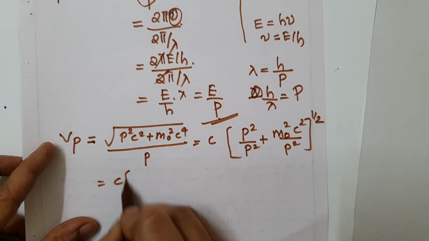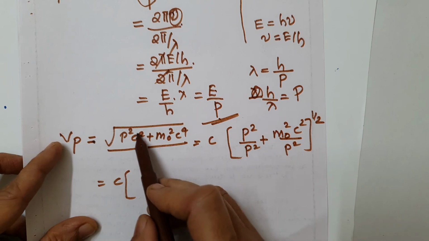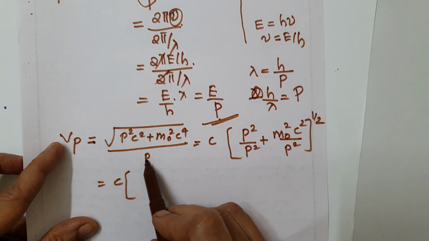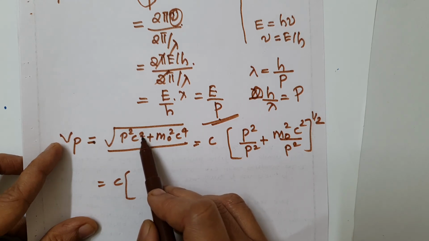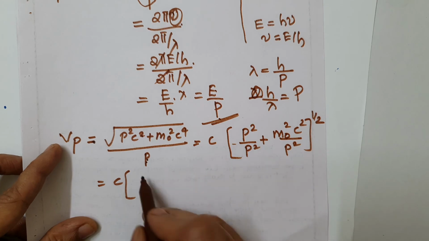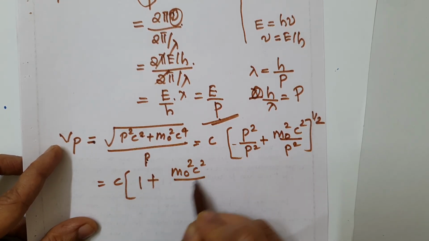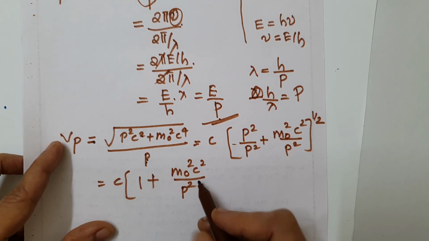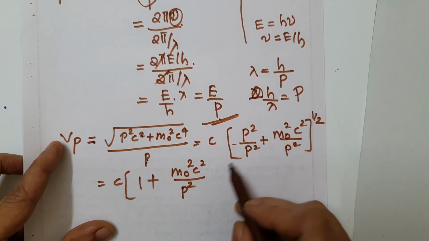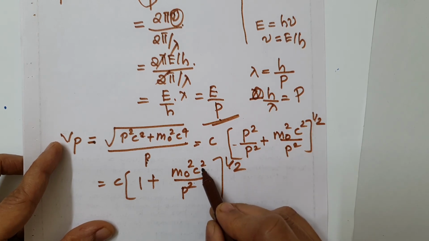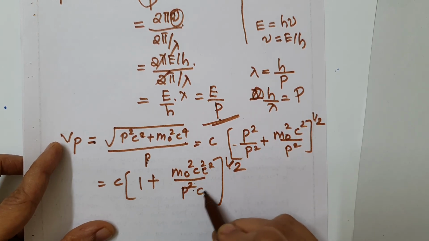Taking c² outside of the square root and keeping p inside the square root, we get c into (p² ... plus m0² c² by p²) the whole raised to 1 by 2. Here we are multiplying the numerator and denominator with c².